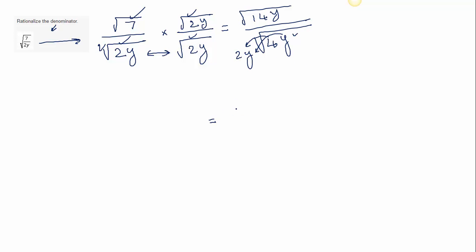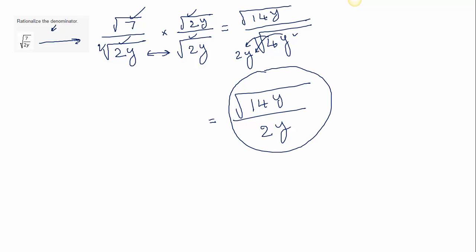So the final answer would be square root of 14y over 2y. We cannot simplify anymore, and this would be the final answer. Our target in this problem is to remove the radical from the denominator, and that's the final answer, 2y in the denominator with no radical.